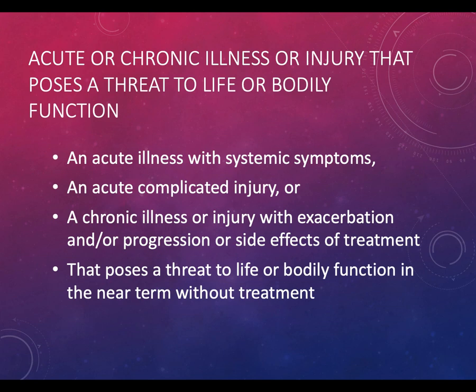Note that the criteria for one of the lower level conditions must be met in addition to the threat to life or bodily function. For an acute illness, this includes to also have systemic symptoms.